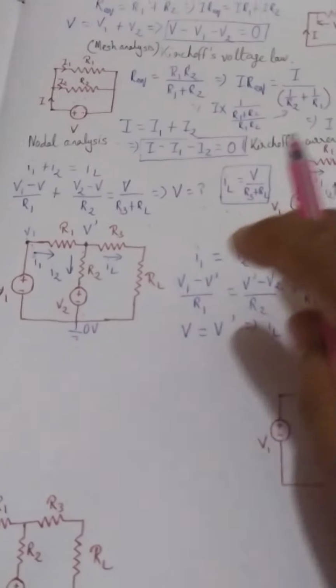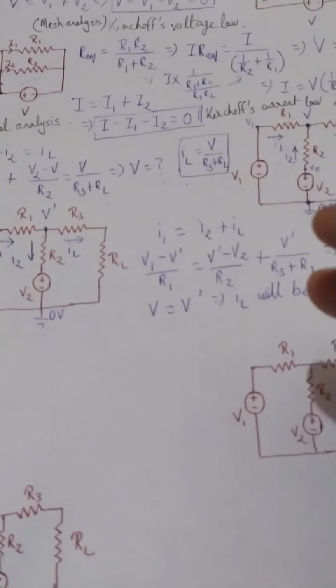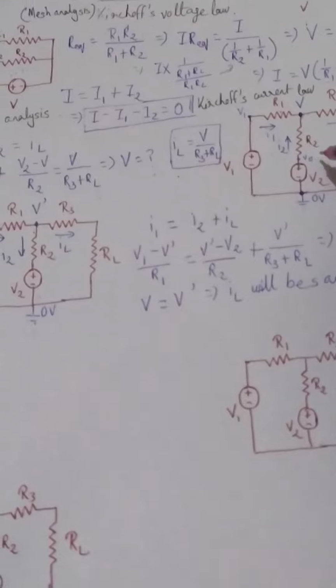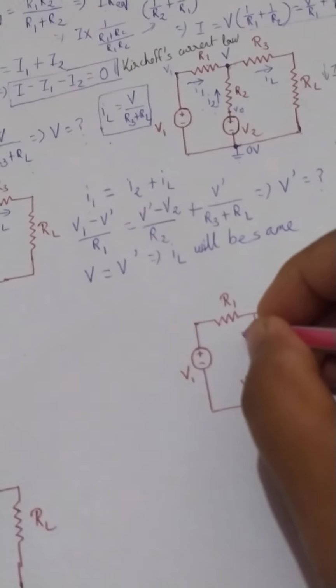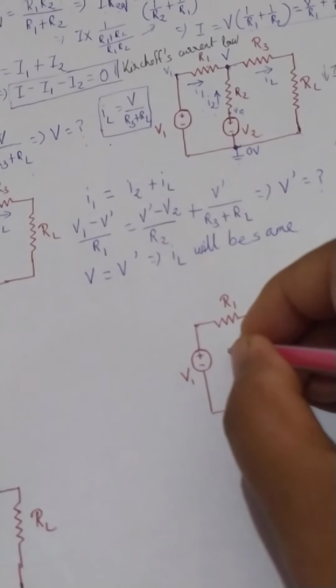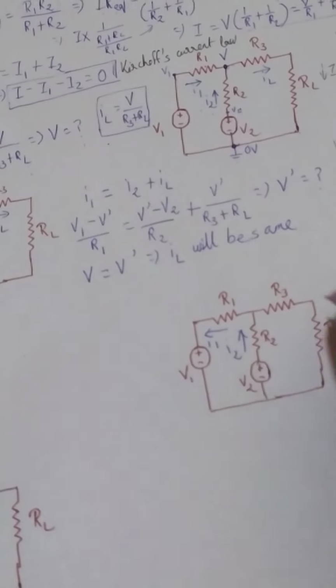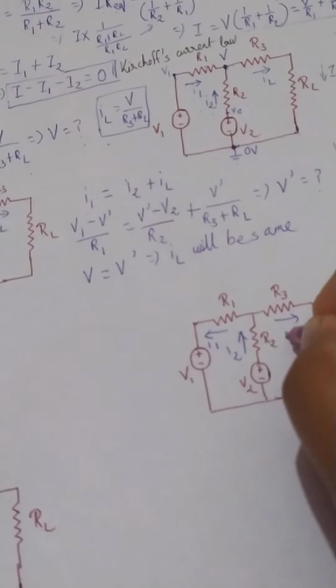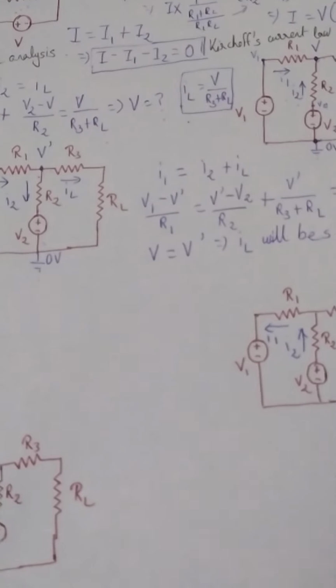If you are going to take this, or if I am thinking in a different way, that the direction of current may be happening like this one. This is I2, this is I1, this is IL. It may be happening like that. So in that case, what is going to happen?